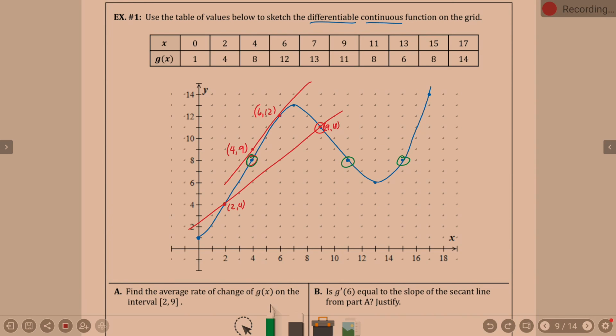So I have that, yes, Rolle's theorem can be applied on 4 to 11 and 11 to 15, since the secant is 0 on both intervals, and g is continuous and differentiable also. Okay?